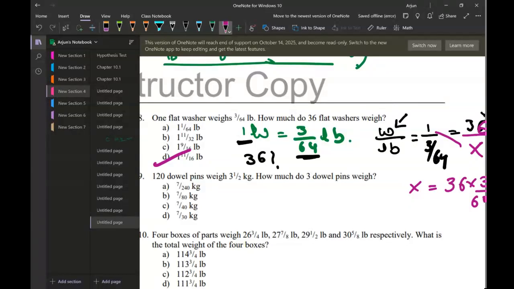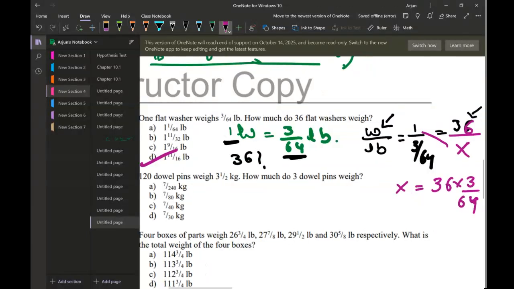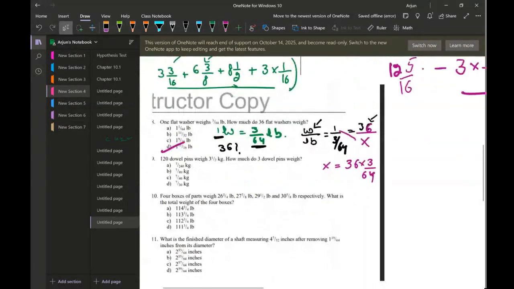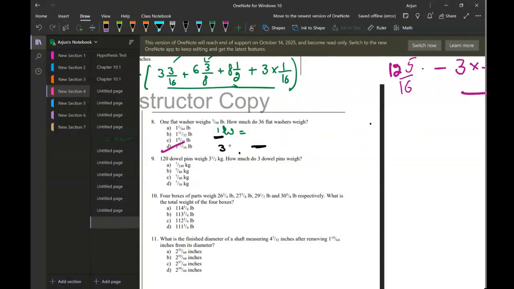Now let's look into the next one. Well, before I jump into the next one, I will try to solve this question with the help of another technique also. So let's see that one. So we are looking for 36 washers. Okay, what is the weight? So what is given to me? The weight is given to me. I'll write it again.